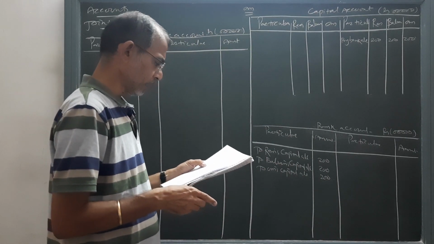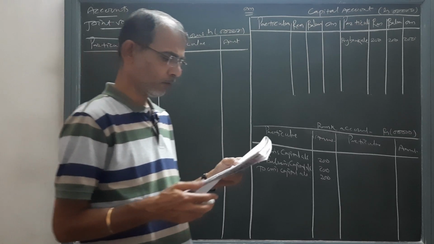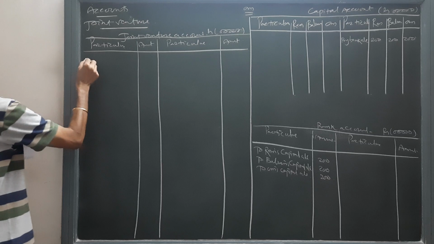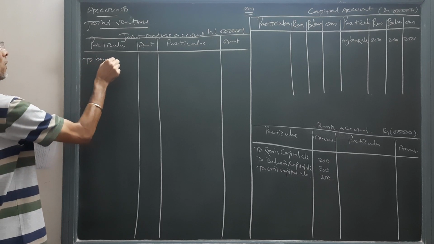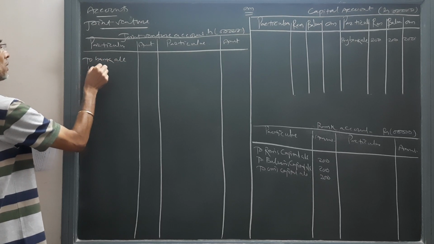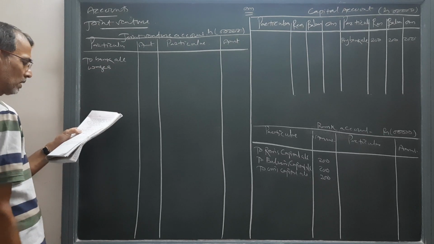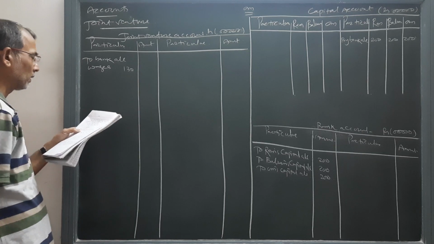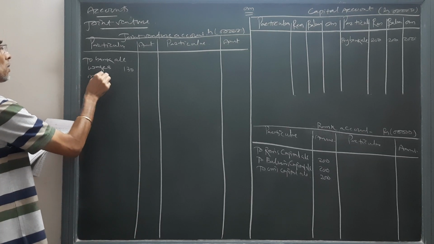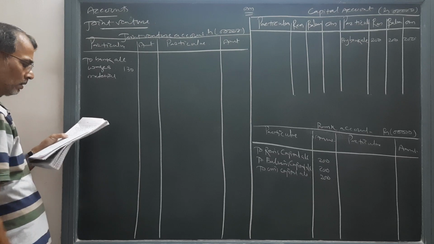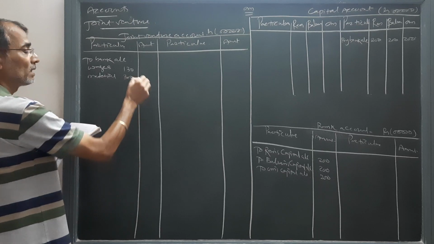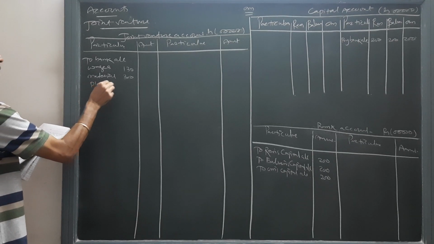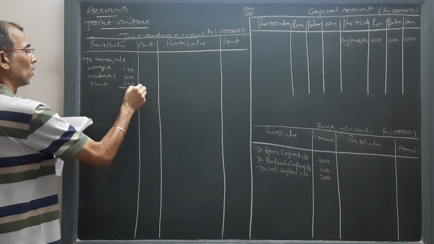Then it has been said that amount paid from bank account: wages 1 crore 30 lakh. So to bank account, wages 130, material 300 means 3 crore, plant 140.